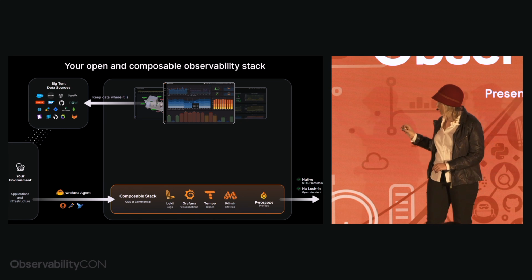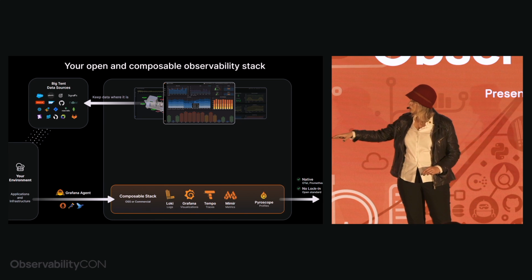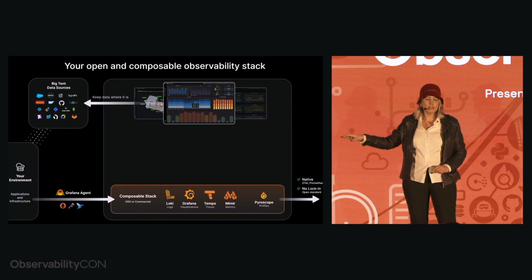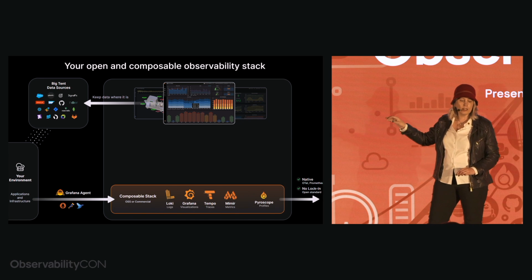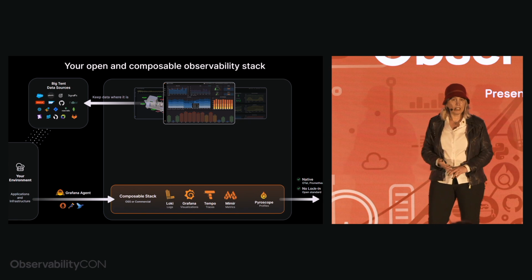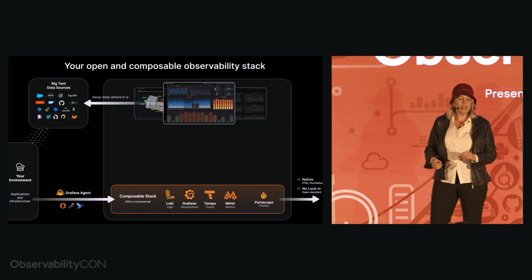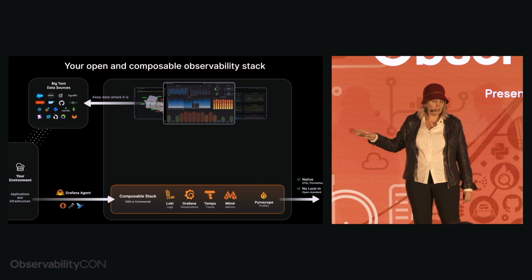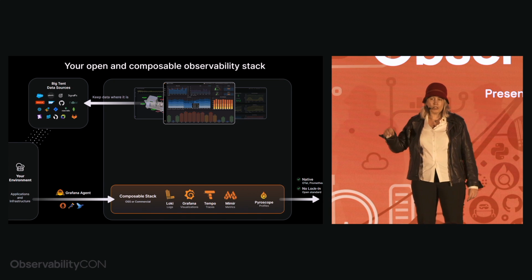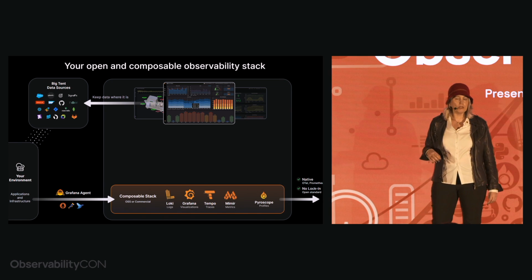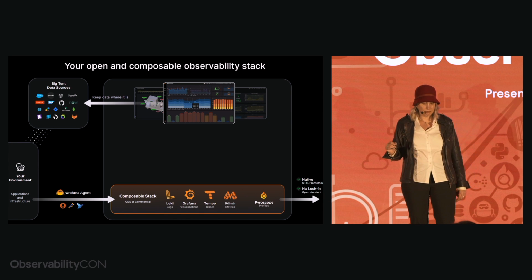In addition to this, we have an ingestion pipeline that is also open source based around the Grafana agent. The Grafana agent does data collection based on open standards like OpenTelemetry and Prometheus. This also reduces vendor lock-in. You own your data. You should have the control over it and make use of it for your use cases.